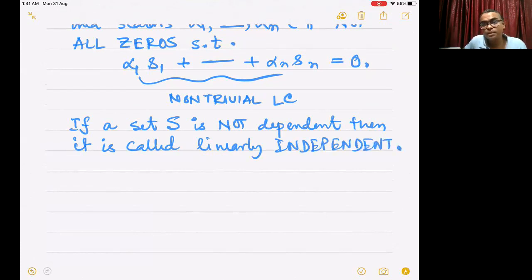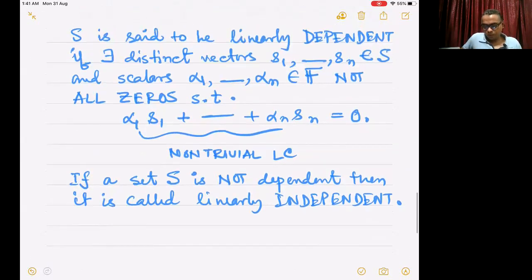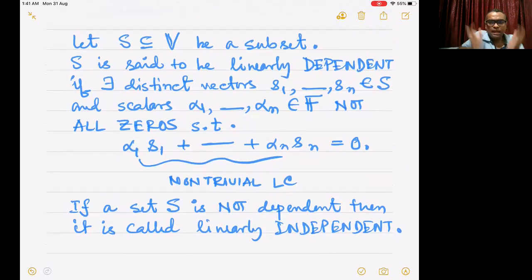But wait, we need to see this carefully. What do I mean by not dependent? This is logically very important. I'm saying for a set S, if it contains some collection of vectors whose non-trivial linear combination goes to 0, then it's dependent.